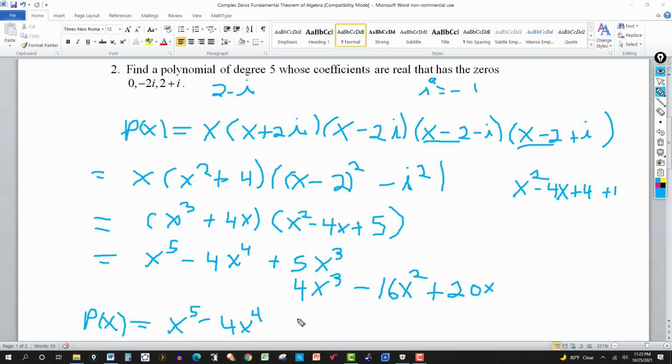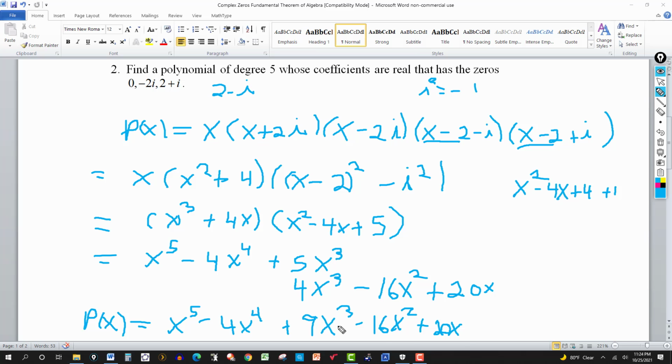Then here we just add these up. 9x to the third minus 16x squared plus 20x.